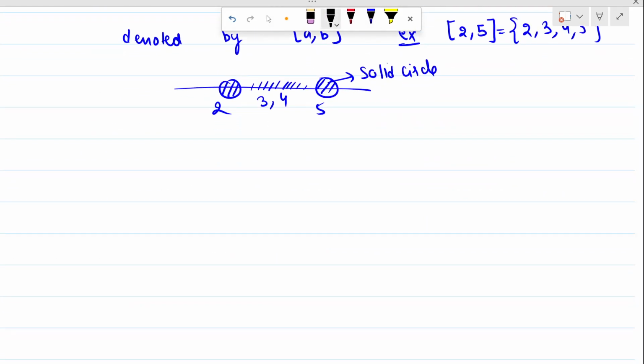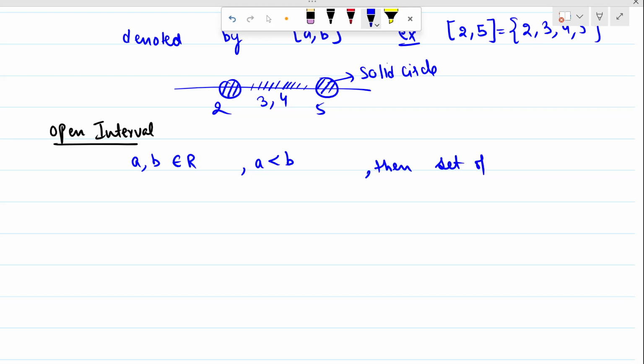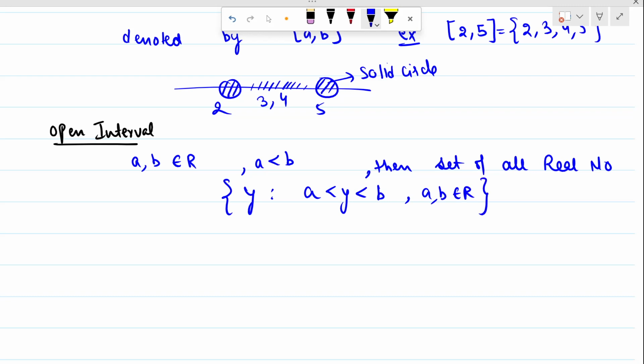Next we have open interval. Same as before, a and b belong to R, where a is less than b, then the set of all real numbers y between a and b is denoted by round brackets (a, b).